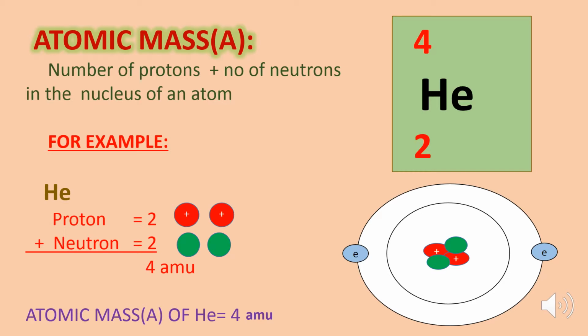So let's total this number: 2 protons plus 2 neutrons equals 4 AMU. Here 4 AMU denotes the mass number or the atomic mass of the helium. So look here that the helium is denoted by capital H, small e, and right above the helium the atomic mass is written, that is 4.